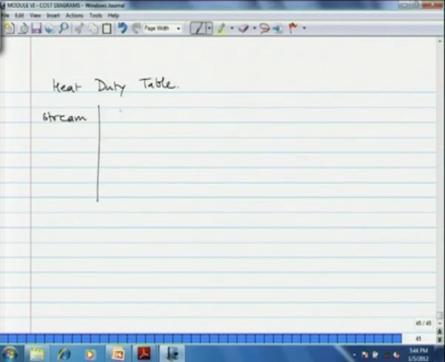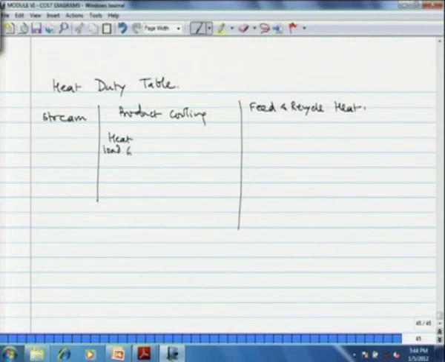The table has columns: stream, operation, heat load in gigajoule per hour and allocated cost.